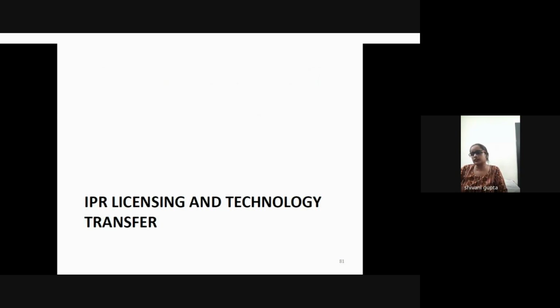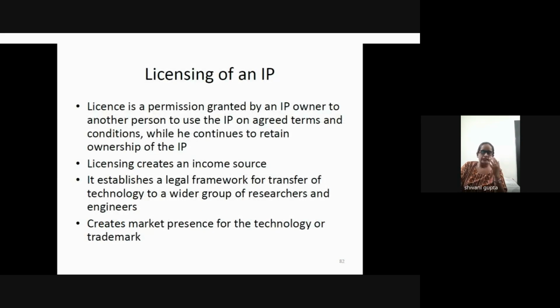Now comes the very important aspect, that is IPR licensing and technology transfer, and in the next few minutes we are going to discuss the same. Licensing of IP is a very important aspect, and every law student might want to know what licensing is. First of all, licensing is the economic aspect.